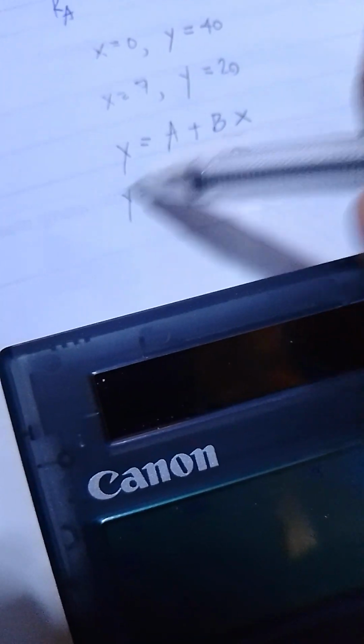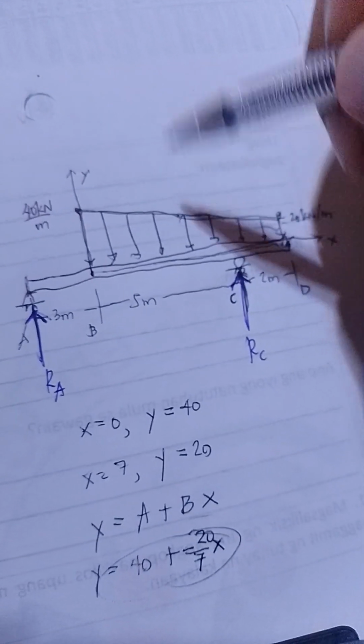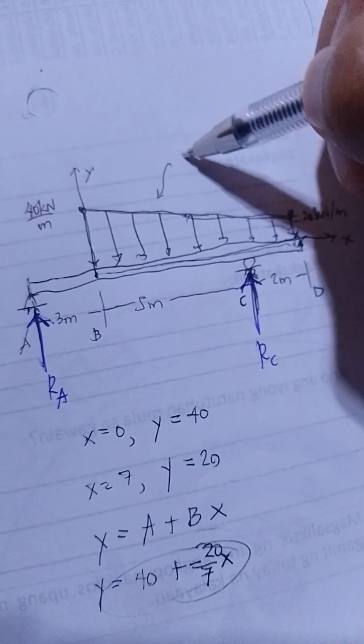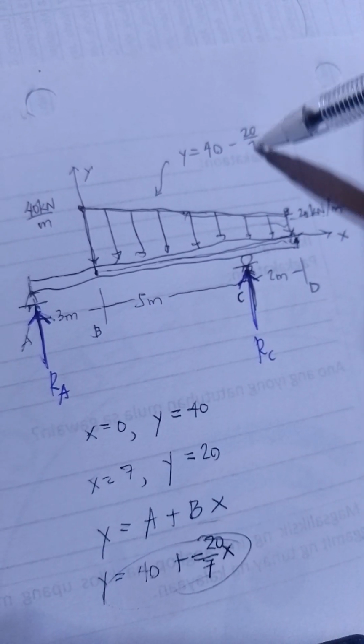So this is now the function defining this change in our uniform load: y is equal to 40 minus 20 over 7x.